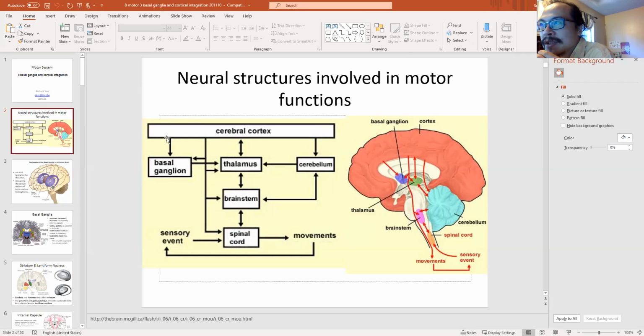And this loop's major function is to channel your thoughts before your action, right? Any behavior or movement related disorders and diseases are all due to these circuits. And basically that is the function of the basal ganglia. All right, so that's that.